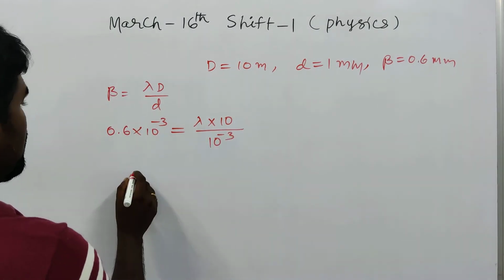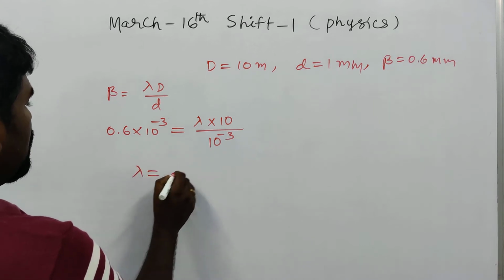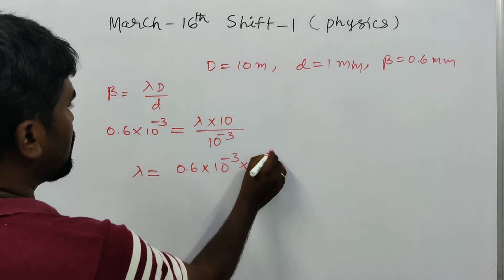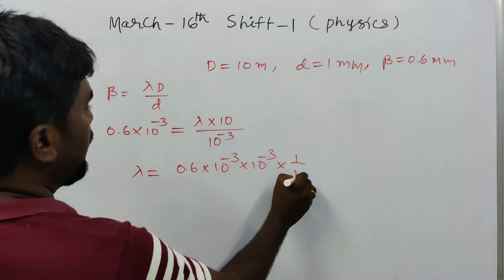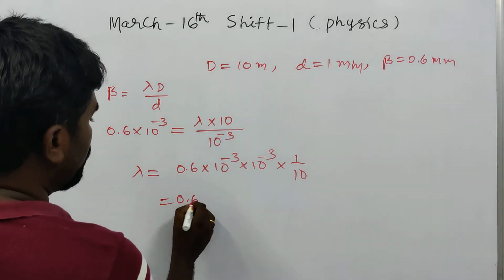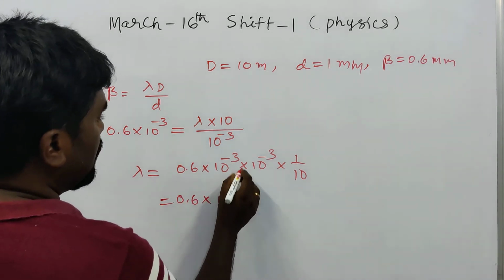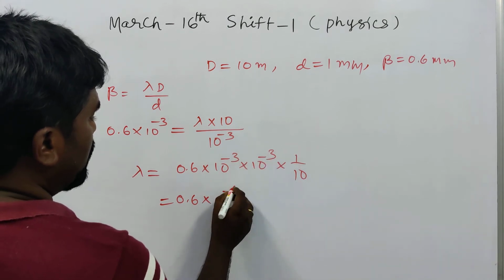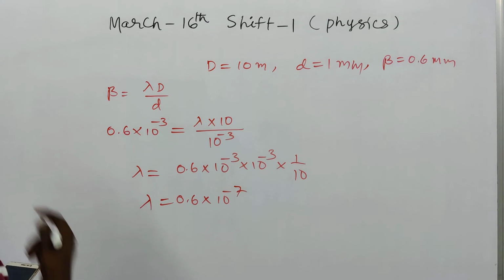So lambda is equal to 0.6 into 10 power minus 3 into 10 power minus 3 by 10, so it becomes 0.6 into 10 to the power minus 6 into minus 1, that is 10 power minus 7. That is the lambda.